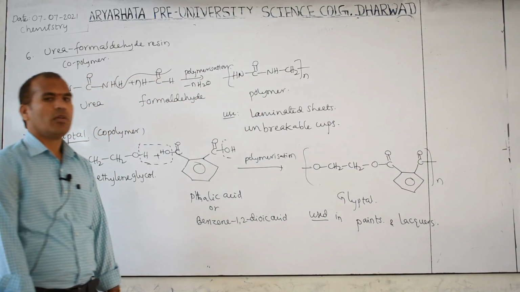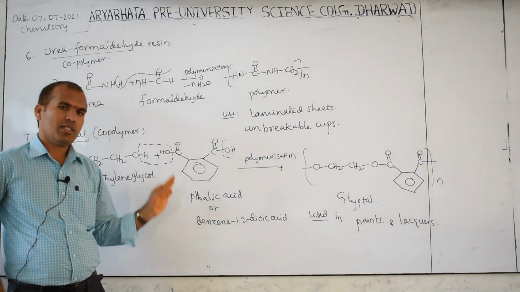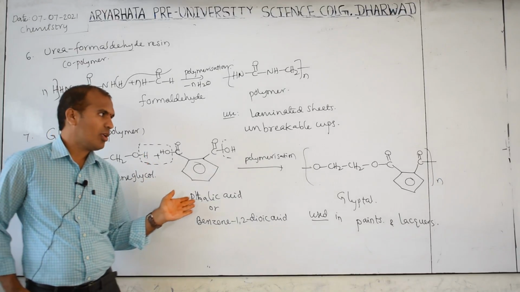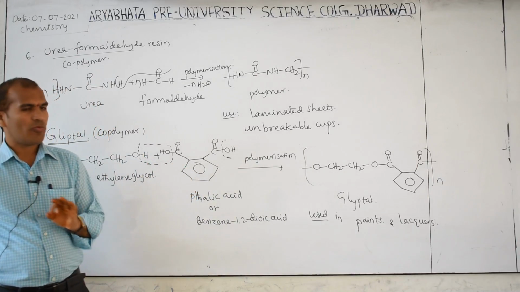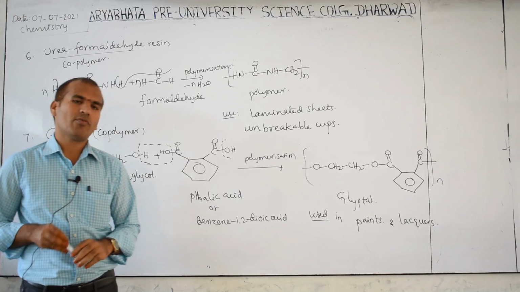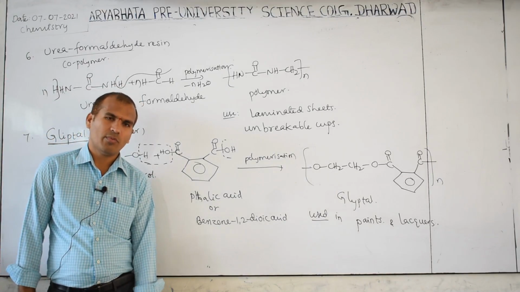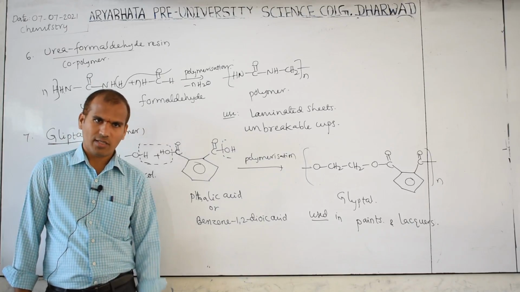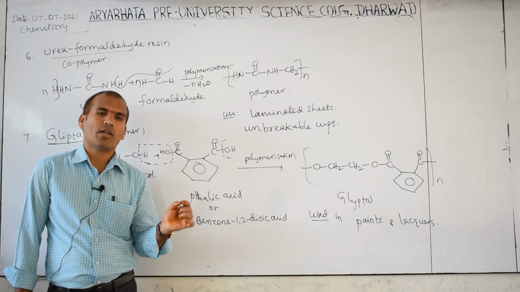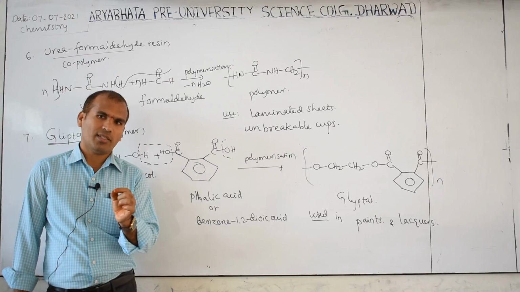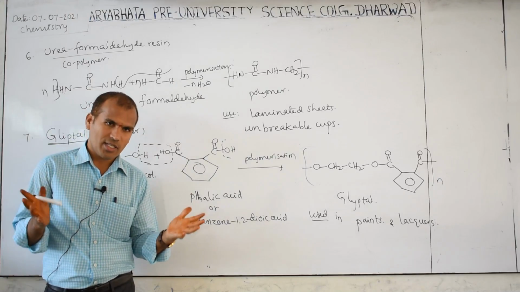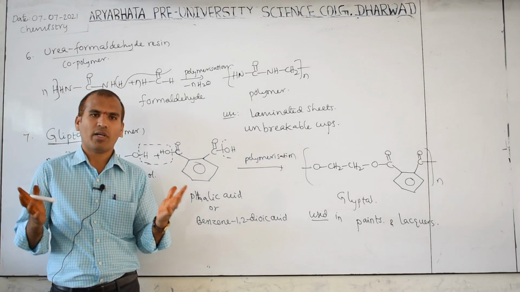Now, totally from this addition polymer, condensation polymer, or the total polymer chapter, what type of questions will come? Nylon 6,6 polymer structure, or what are the monomers of nylon 6,6? Sometimes they may ask the structure of the monomer, or sometimes only the names.